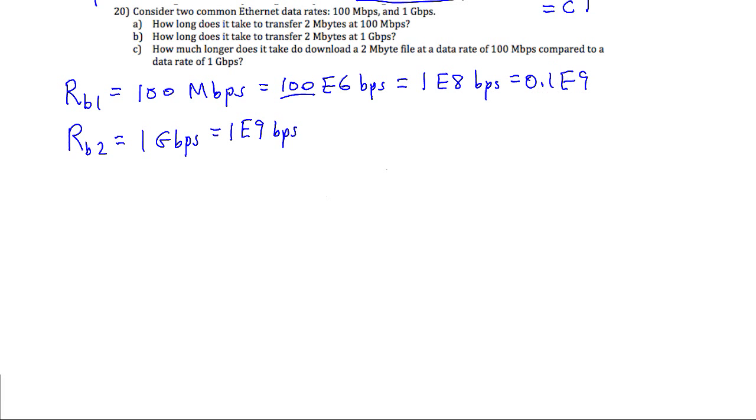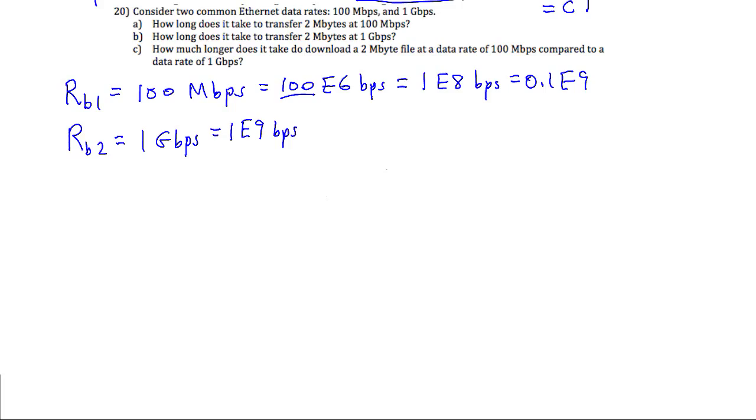So these two are equal, and you can see that 100 megabits per second is 1/10 the speed of 1 gigabit per second. Here's 1 e to the 9th, here's 0.1 e to the 9th. You should know that from just reading the initial problem, because 1,000 megabits per second is 1 gigabit per second, and 100 is 1/10 of 1,000.